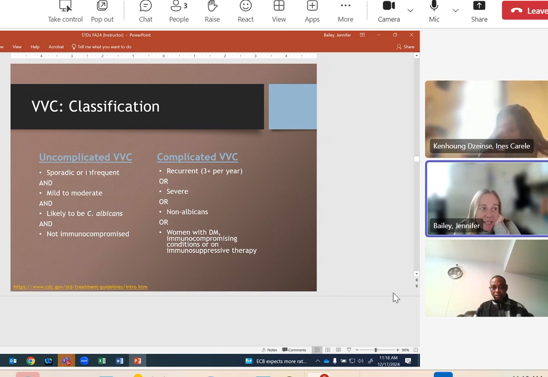That's because they can self-treat if they are uncomplicated, but they should not self-treat if they have a complicated yeast infection. Anybody that has multiple recurrences, or really severe symptoms, or any kind of immunocompromising condition should not treat over the counter. They should go and be seen by a healthcare provider.